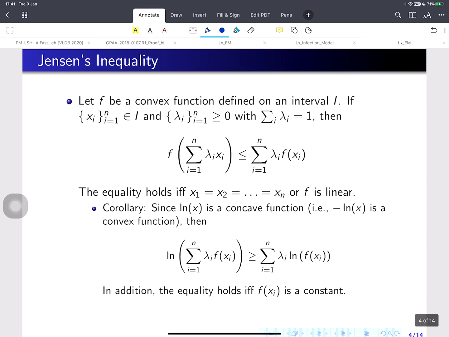The conclusion is that the previous one can be thought of as sum of lambda i times x i. If you have n points from x1 up to xn, that's a concise way of saying all these n points, and what you do is try to find all these lambdas such that the sum of lambda i equals 1.